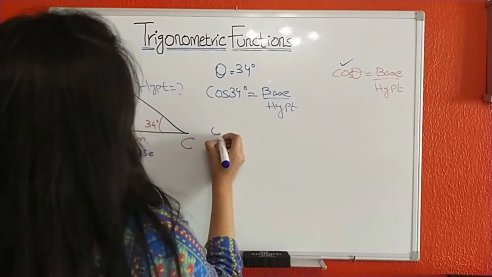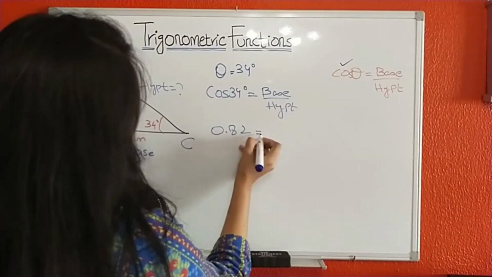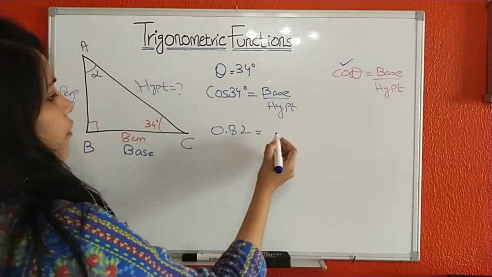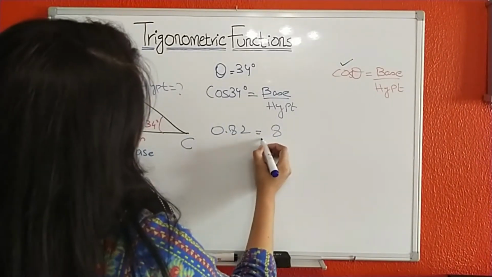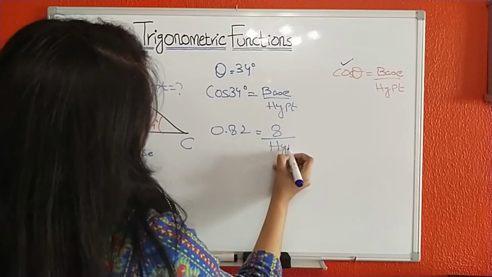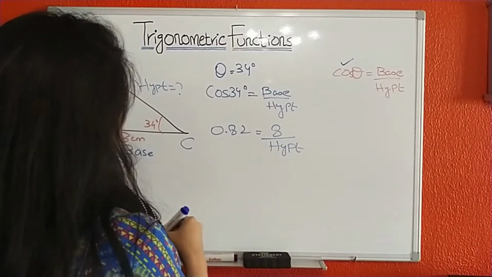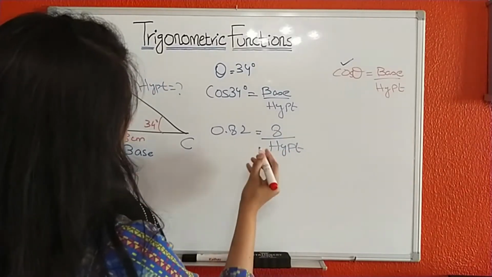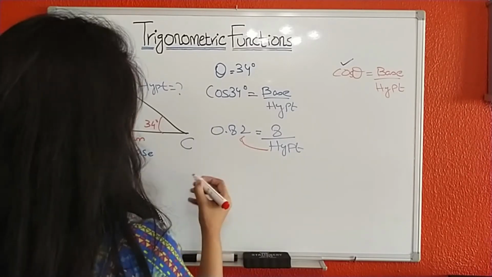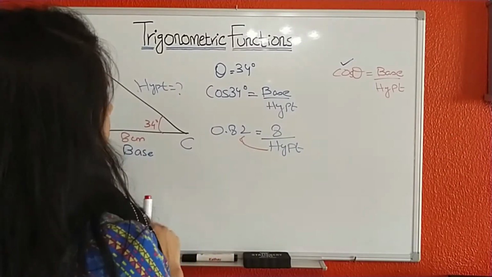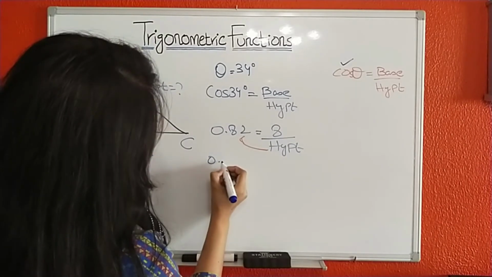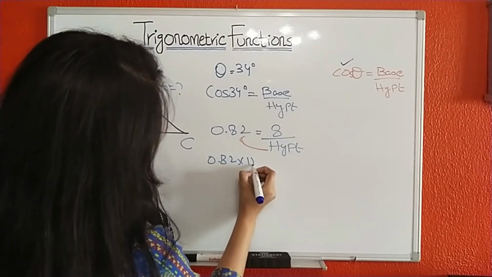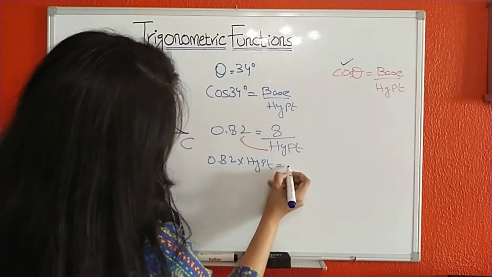So 0.82 is equal to, and what is the value of base? The value of base is 8 over hypotenuse. So the hypotenuse is dividing here and it will shift here, and it will become 0.82 multiplied by hypotenuse is equal to 8.